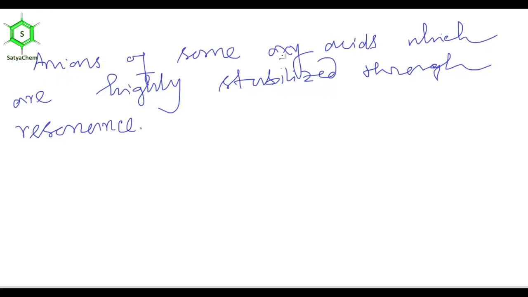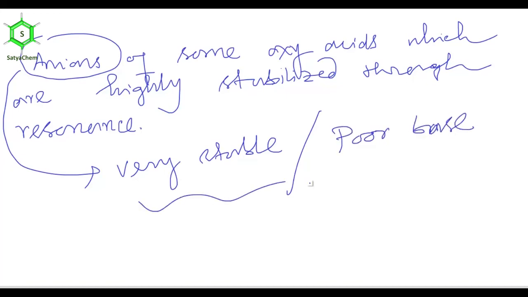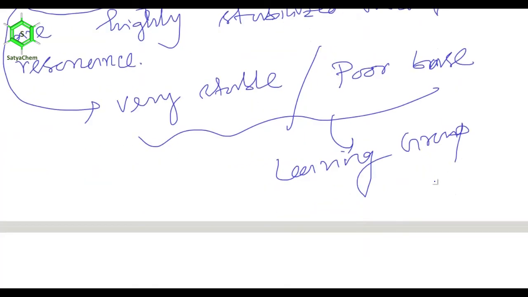These anions are very stable and they are considered poor bases, meaning they are very good leaving groups. Again, try to remember that poor bases are very stable anions, and those are very good leaving groups.